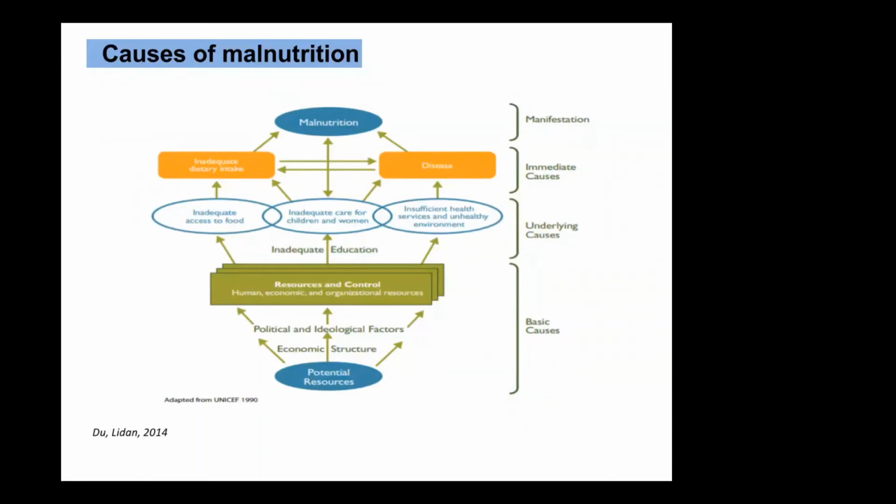And the disease, because in lower and middle income countries, children suffer from a lot of diarrheal diseases, and studies have shown that these diarrheal diseases are linked to undernutrition. These are the immediate causes, which are caused by other underlying causes, such as access to food. In many households, they don't have food to eat.